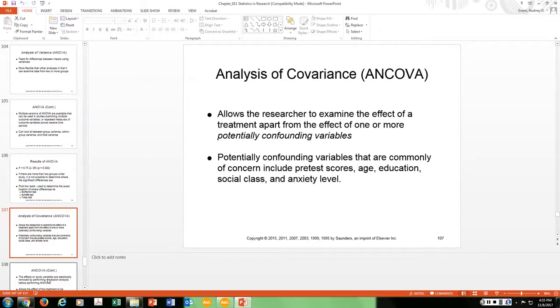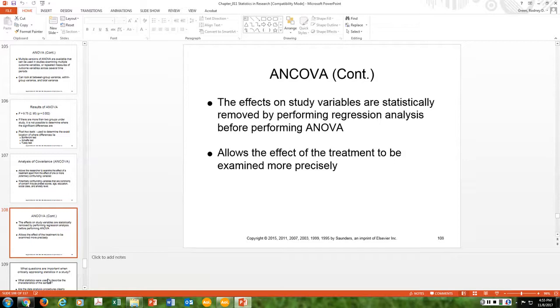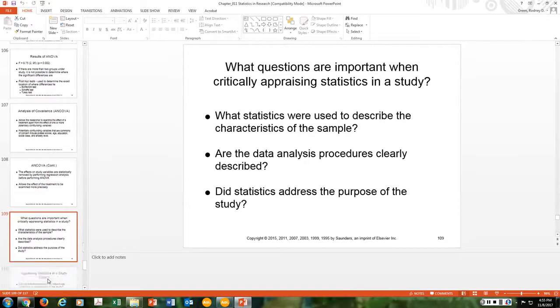So they look at the variables, they look at the outcome, and they control for age, or they control for level of education. The effects on study variables are statistically removed by performing regression analysis before performing ANOVA, and it allows the effect of the treatment to be examined more precisely.